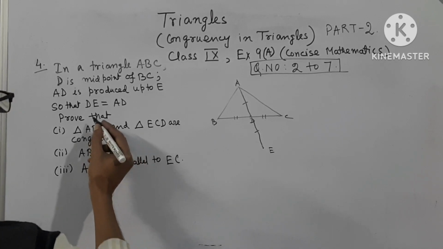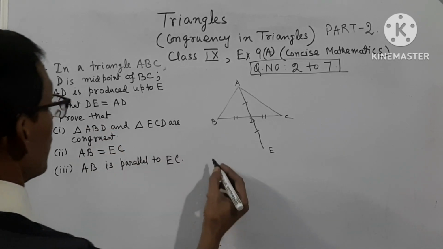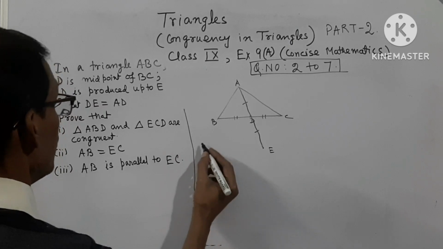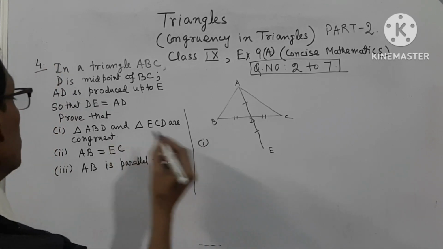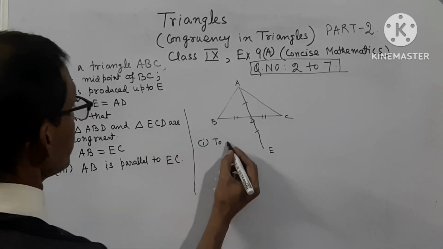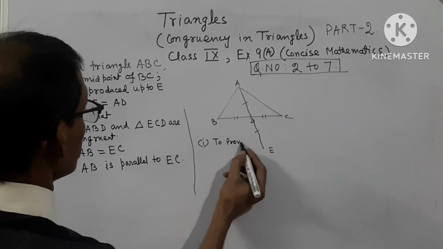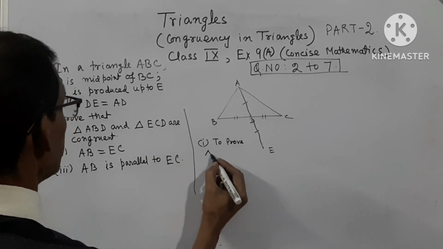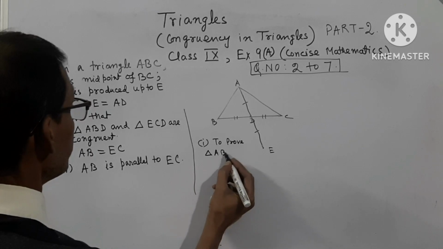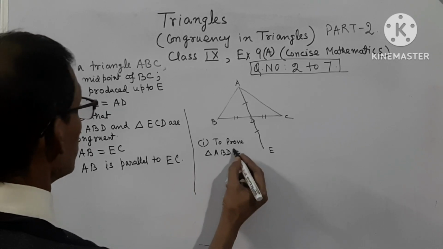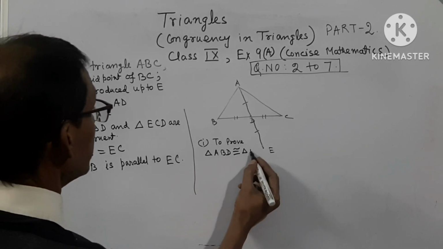Now you have to prove, first one, triangle ABD congruent to triangle ECD.